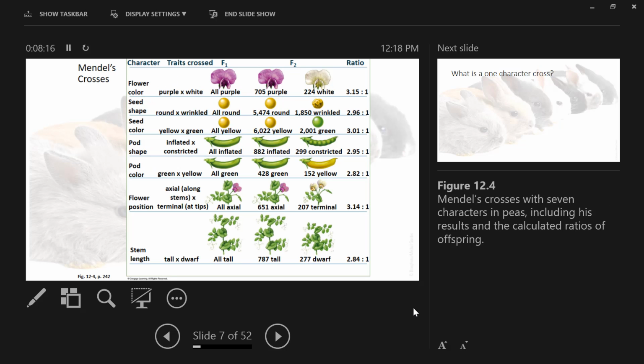All right. So here's the one character cross for the flowers. And so you cross a purple and a white flower. Here's the parental. In the F1, all of them are purple. It's not a blend. It's not like you get a lighter purple by blending the purple and the white. That's what blended inheritance would predict.